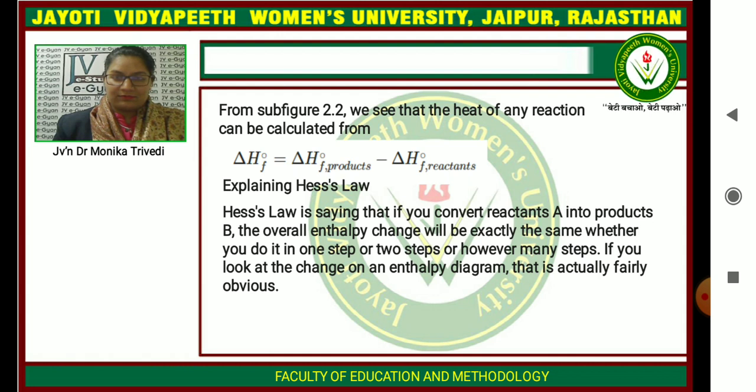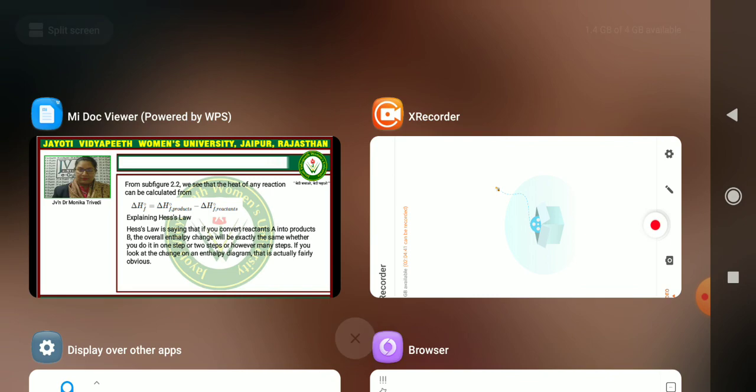Simply, Hess's law states that when reactant A converts into product B, the overall enthalpy change will be exactly the same whether you do it in one step, two steps, or however many steps occur. You can observe this from the enthalpy diagram.